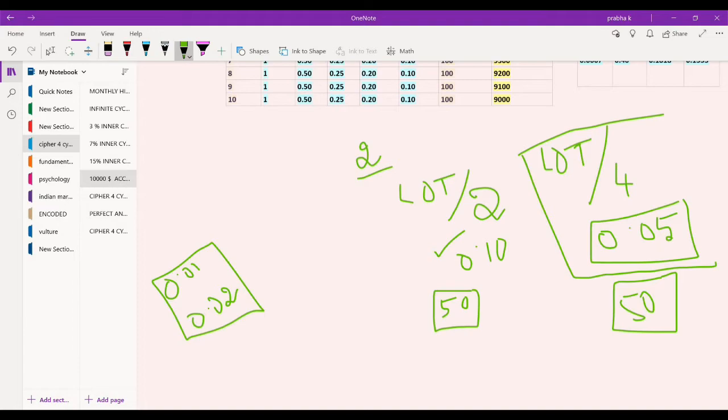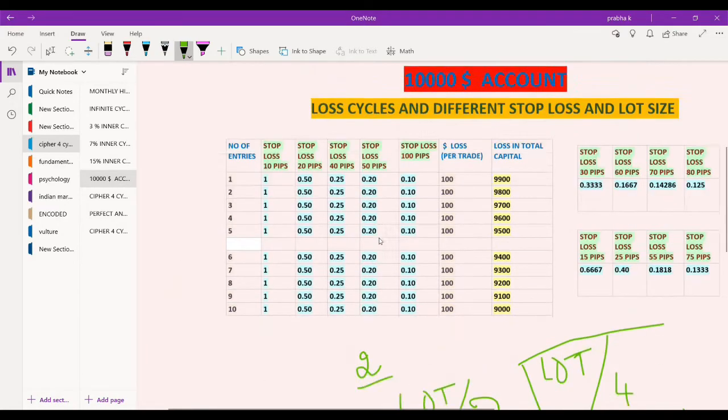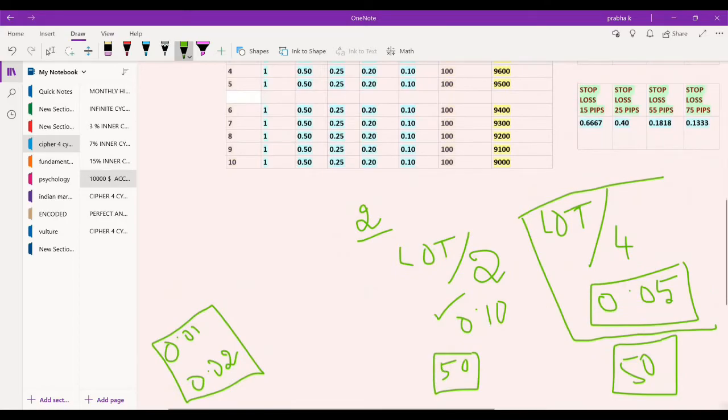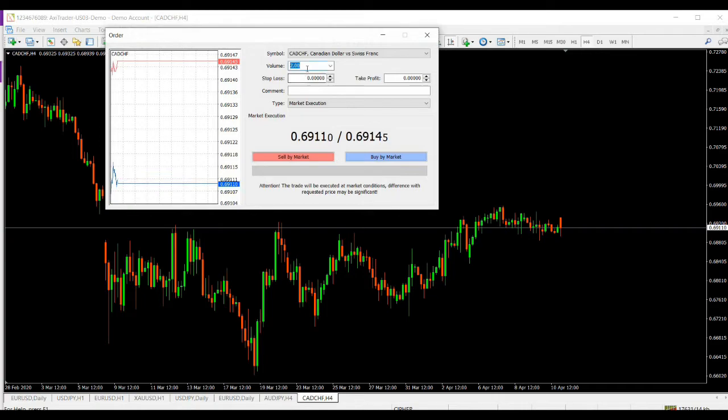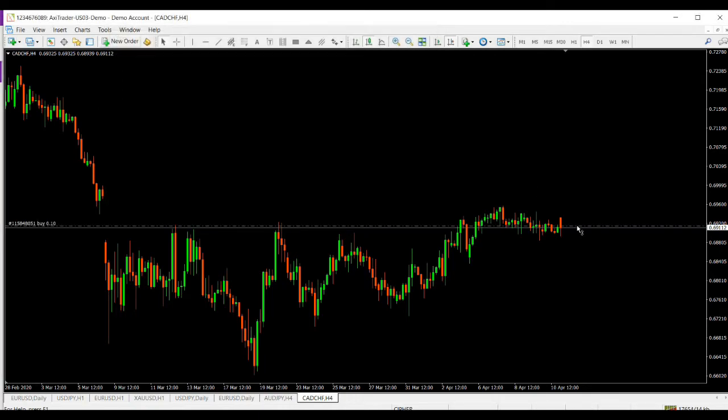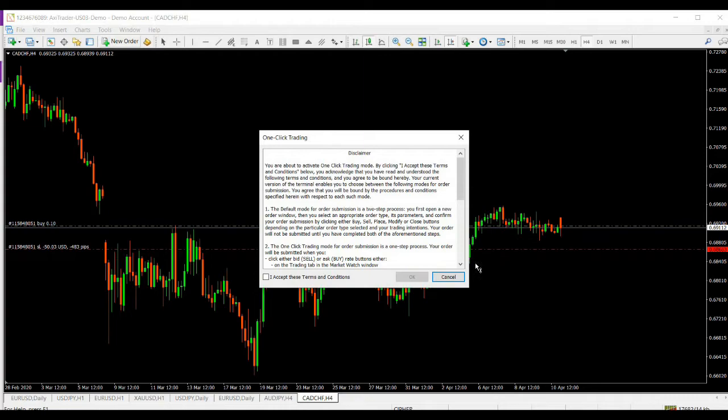So both the lot sizes are actually divided by 2, 0.20. So divided by 2 is 0.10. So I should keep 0.10. For example, if it is going up, 0.10, stop loss should be 50. Okay, approximately 50.